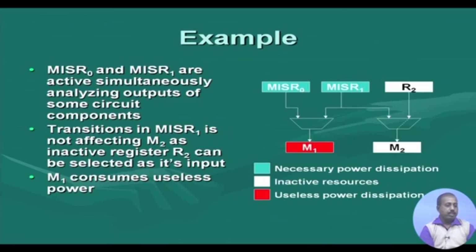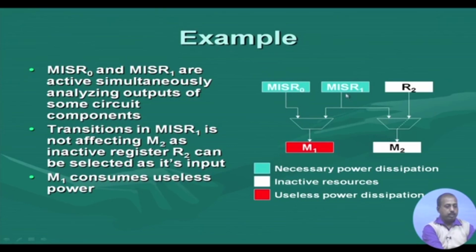So, this is a typical example. Suppose we are going to test the module M2. Okay. So, MISR 0 and MISR 1 are actually either generating the test pattern, or analyzing the output of the circuit. So, they need to be activated, and the transitions in MISR 1 are not affecting M2, as the inactive register R2 can be selected as its input.